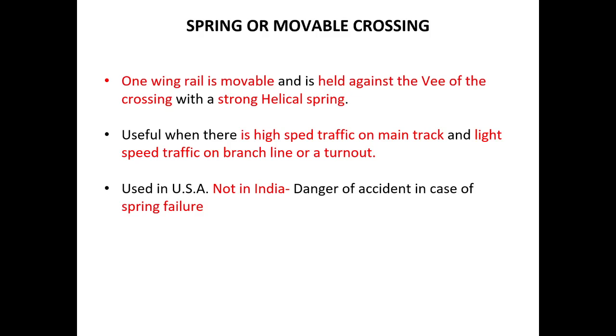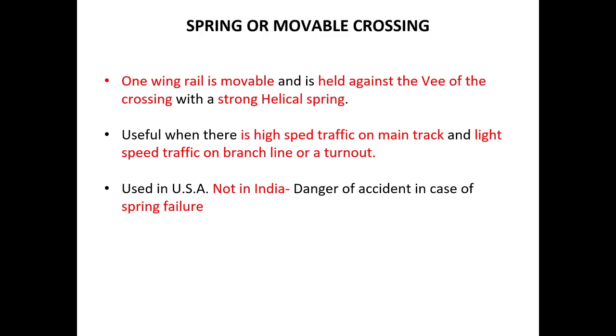In this type of crossing, one wing rail is movable and is held against the vee of the crossing with a strong helical spring.